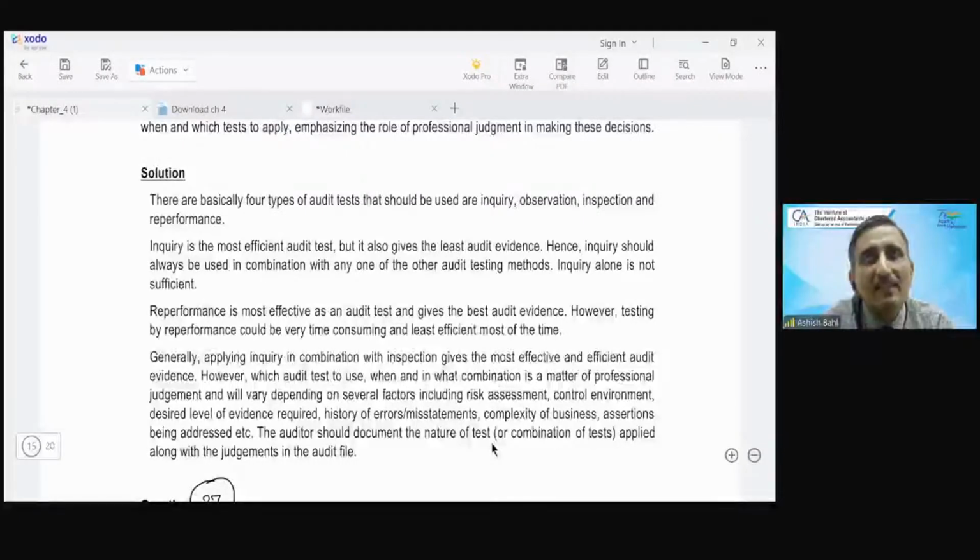Inspection is another test. So whatever output is produced by the automated system, it is inspected, it is examined. Inquiry about controls, inquiry about checks, inquiry about seeking information, and reperformance. One test is reperformance. Okay.